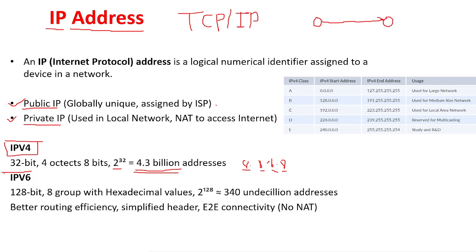Now there is one more type, IPv6. It is a 128 bit address, which contains 8 groups with hexadecimal values. So again, to calculate the size, it should be 2 raised to the power 128, the number of bits. So it will be 340 undecillion addresses, and that is practically infinite.